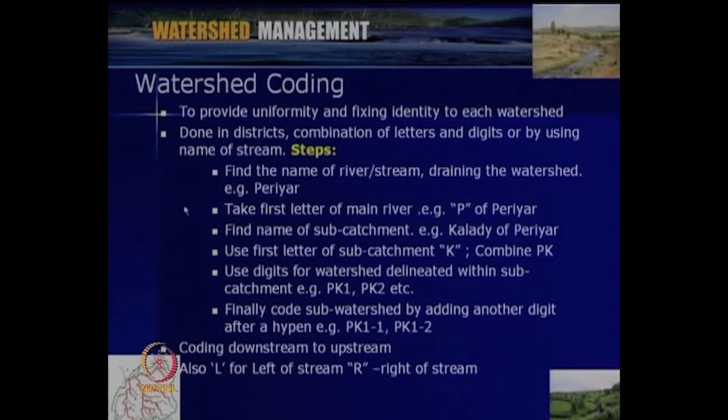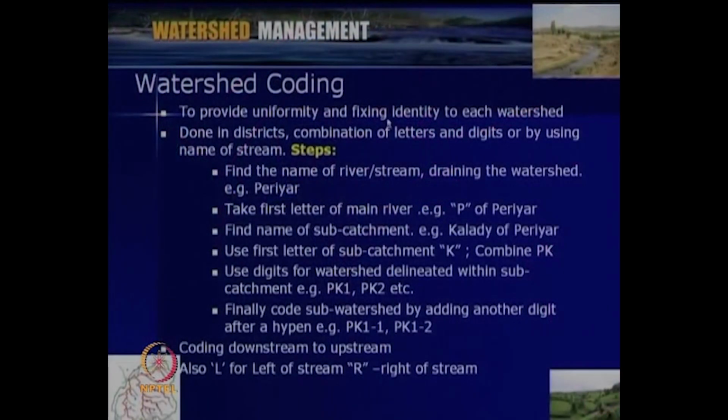Now further, once the watershed is delineated, when we are dealing with a large number of watersheds, we have to represent each watershed. That process is so called watershed coding. Watershed coding is used to provide uniformity and fixing identity to each watershed.